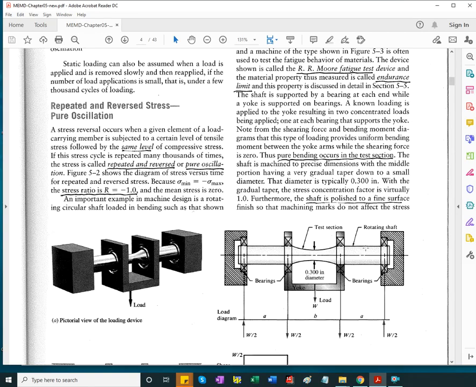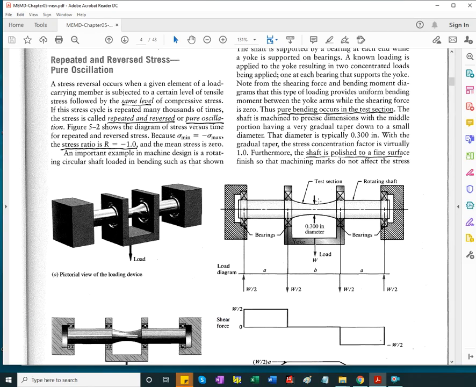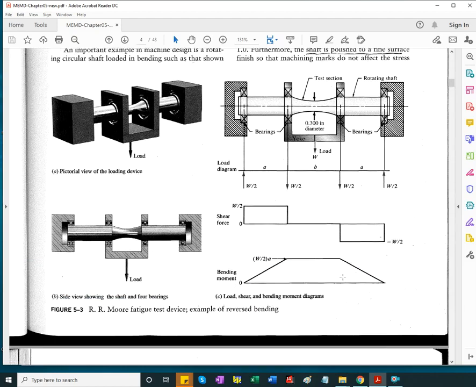until failure. Below a certain load, you can rotate this specimen indefinitely without any failure. Due to the way of supporting and the way the load is applied, the test section experiences no shear, only pure bending.